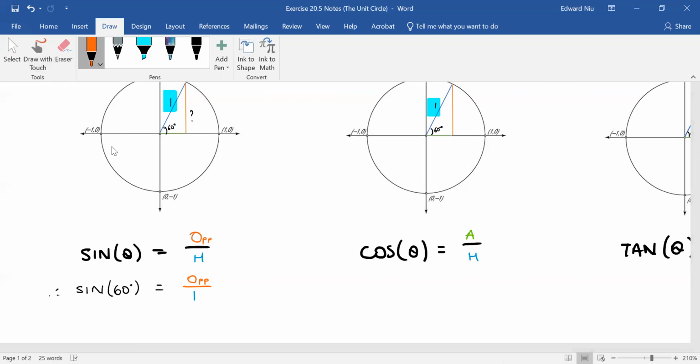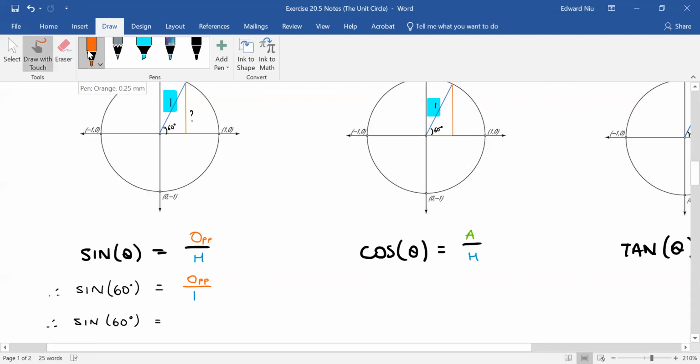So therefore what we can say is this interior angle here, sine 60, is equal to the opposite. So what does that mean? The opposite side length is sine 60 degrees.